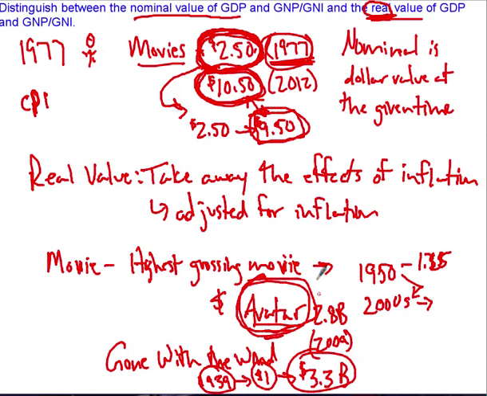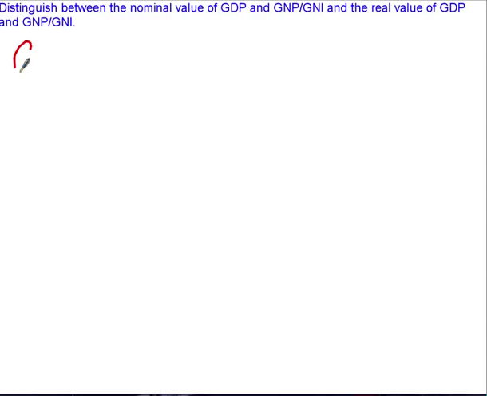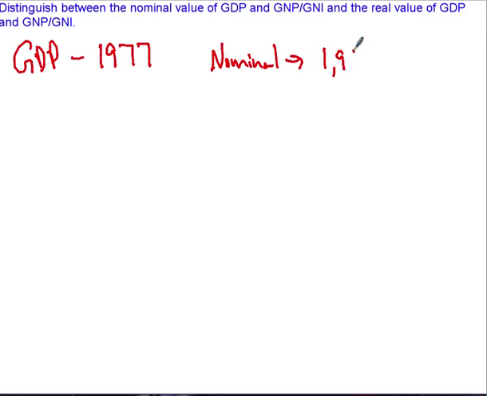All right, now how does this relate to what we're doing with GDP and gross national income? Let me clear this page and show you. Let's look at GDP from 1977. The nominal GDP in 1977 was 1917 billion, which is kind of like saying $1.9 trillion.